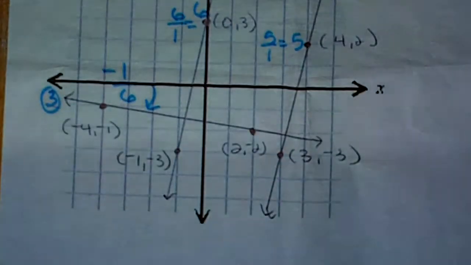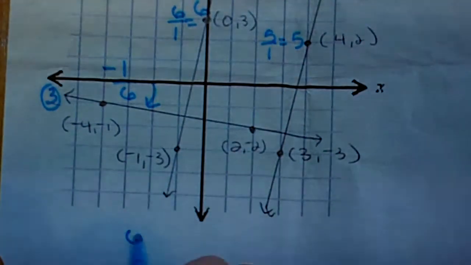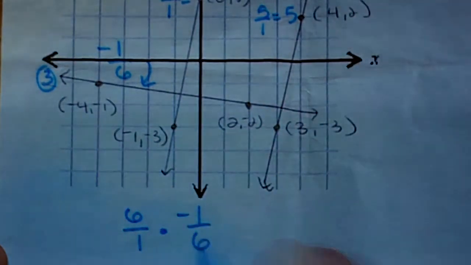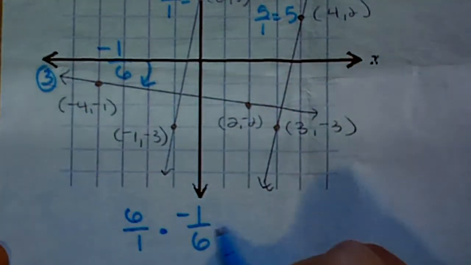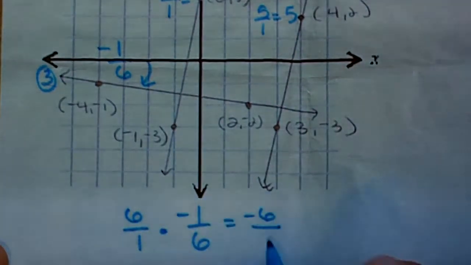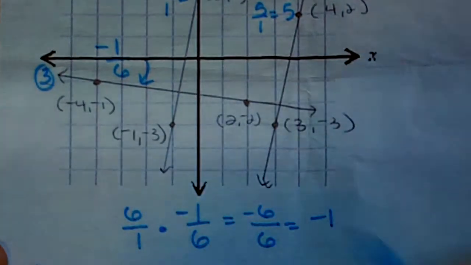So just to show you how this works, using line 1 and line 3, the slope of line 1 we said was 6, right? I'm going to call that 6 over 1 because I'm going to be multiplying fractions here. The slope of line 3 is -1/6. When you multiply them together, 6 times -1 is -6, 1 times 6 is 6, and -6 divided by 6 is -1.